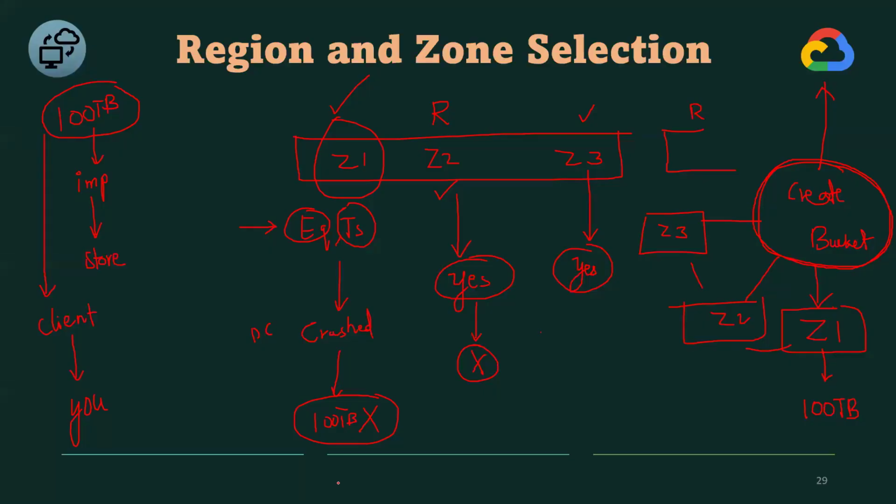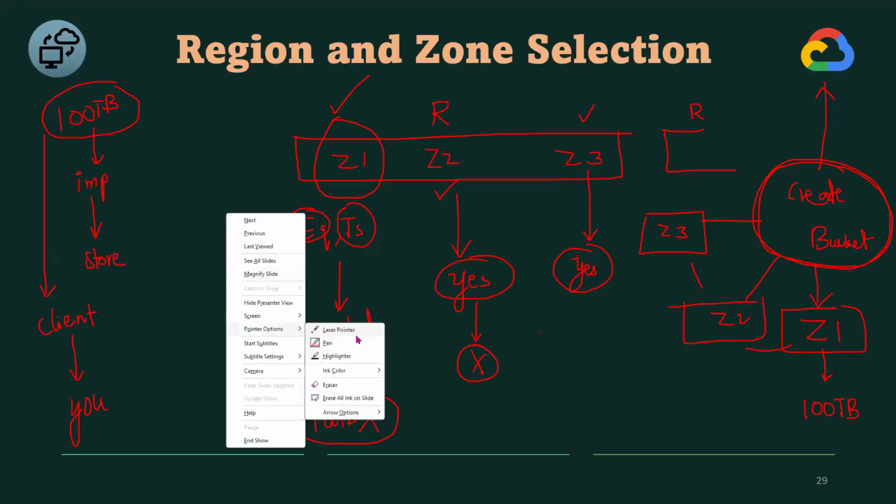So if you want to create any resource in GCP, to avoid unexpected failures, try to select multi-zones or multi-regions, guys.